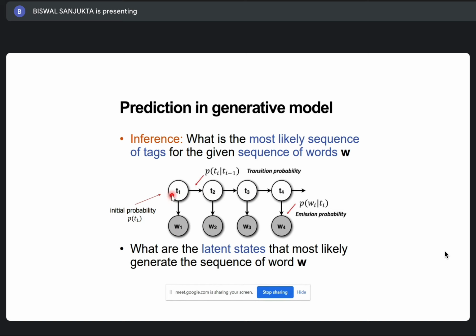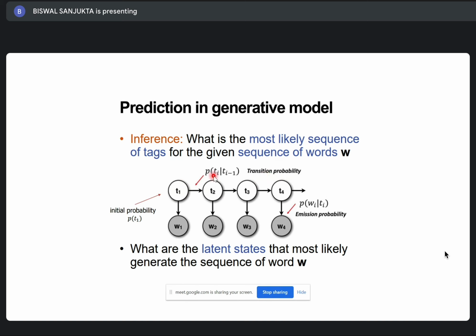So, for example, in this case, let's say I have assigned tag T1 to the word W1, similarly T2 to W2, T3 to W3, T4 to W4. So when you are going from T1 to T2, the probability of T2 given T1 is known as transition probability.